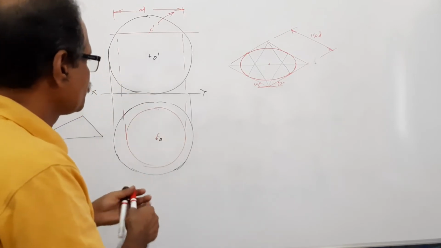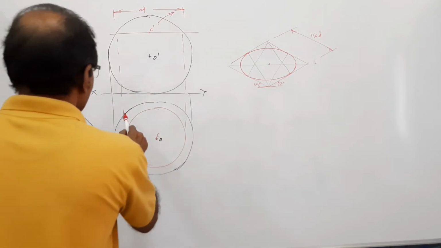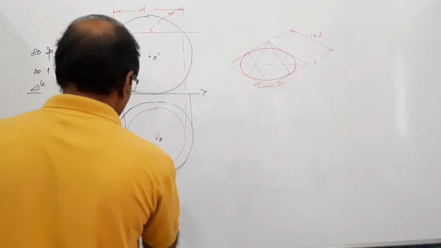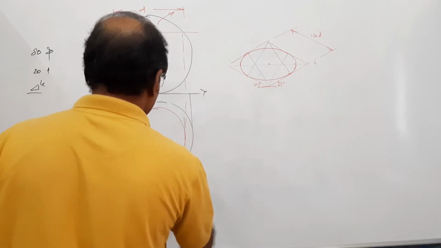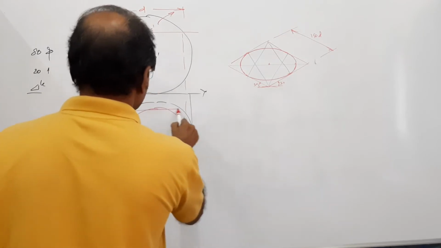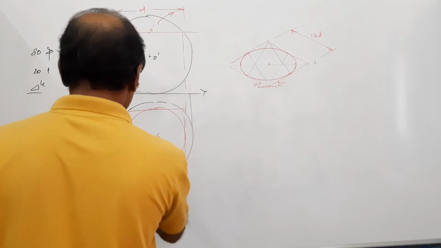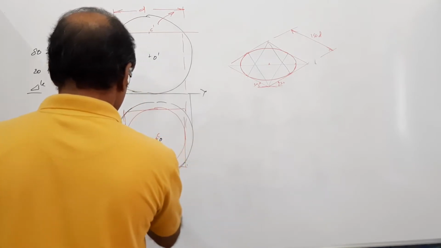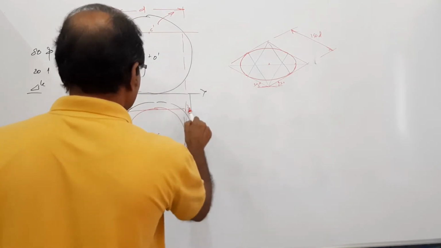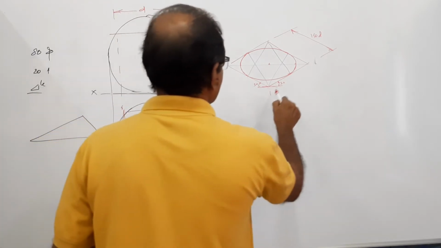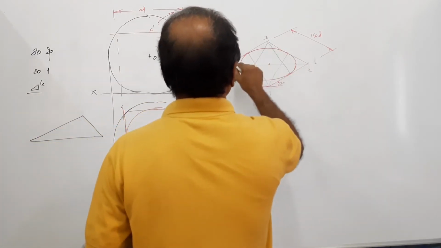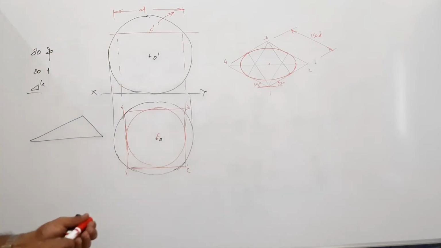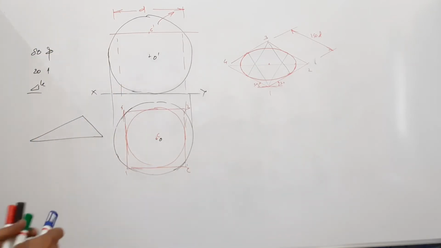Now, if you want, you can draw a square here, so that this square is 1, 2, 3, 4, and this is 1, 2, 3, 4. For clarity, I am doing it. Now, what is this point?